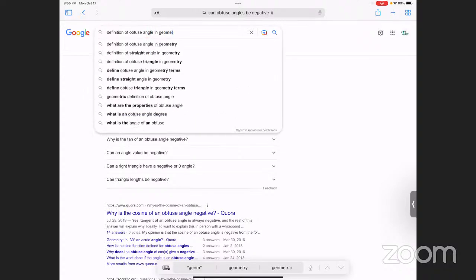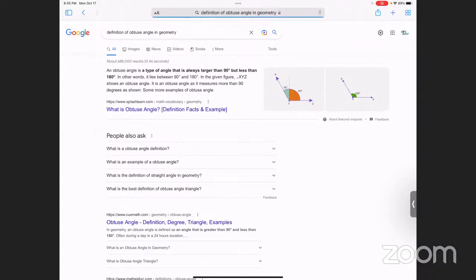See, it kind of depends if you're talking about geometry or trigonometry. Oh, that's why. Because they're telling you that it has to be less than 180. Oh. So they're not calling that 700-degree angle obtuse.